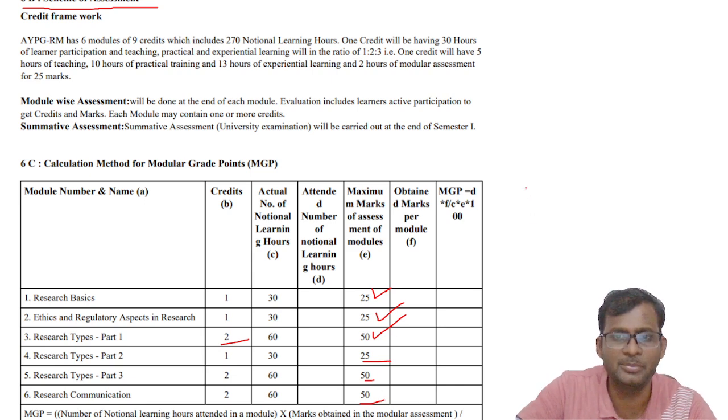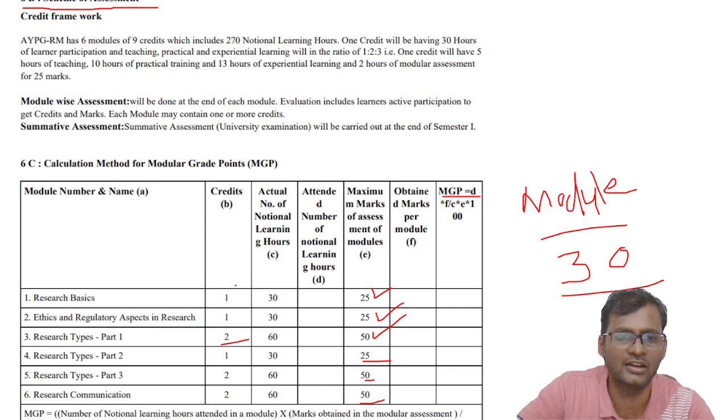So after the completion of one particular module, you have to calculate the MGP. So how to calculate MGP? Completion of a module means completion of 30 hours. If a 1 credit module is there, the completion of 30 hours is called the completion of the module.